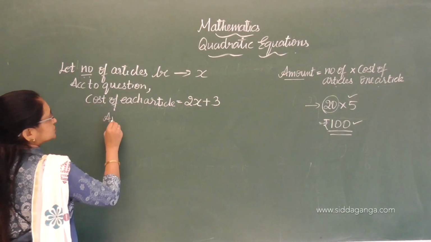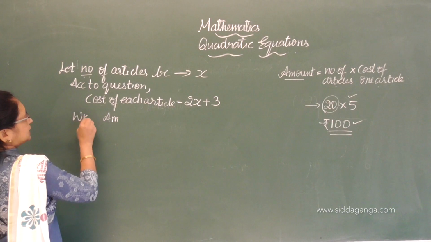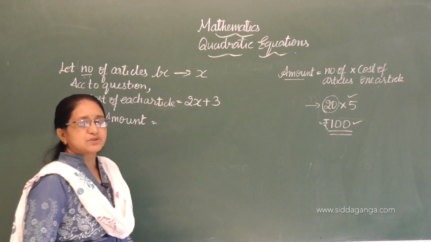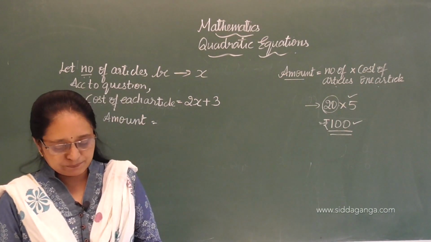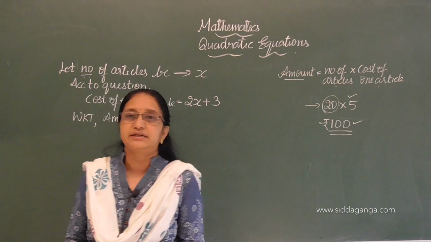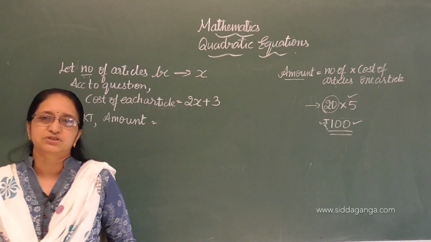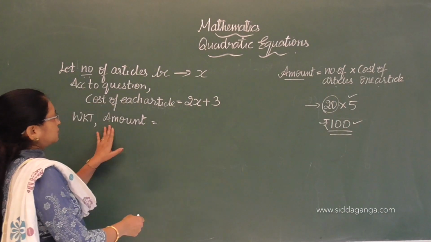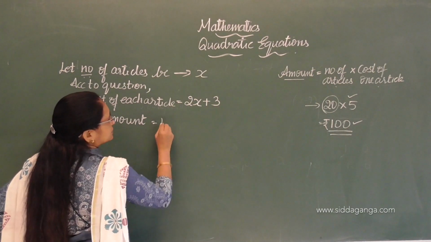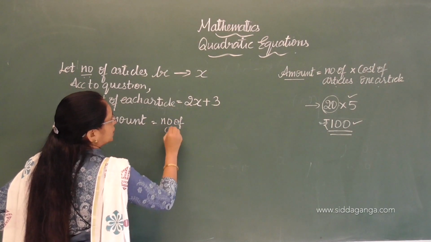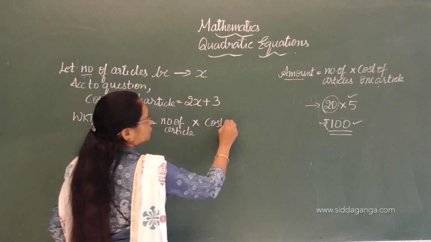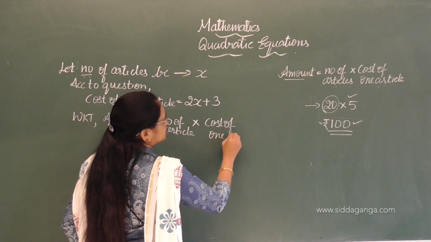You all know, just now I showed you, that amount or total cost of production is equal to number of articles into cost of one article. They have given that the total cost of production on that day was rupees 90.